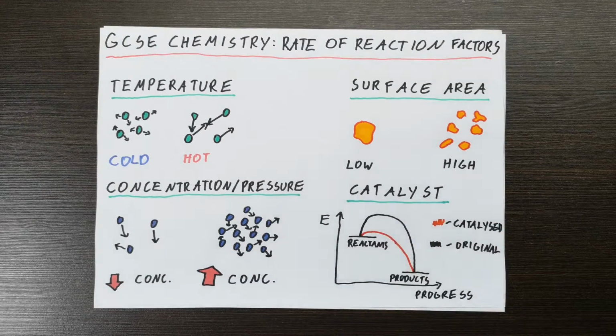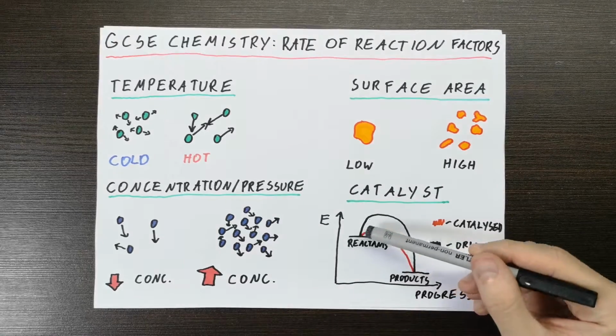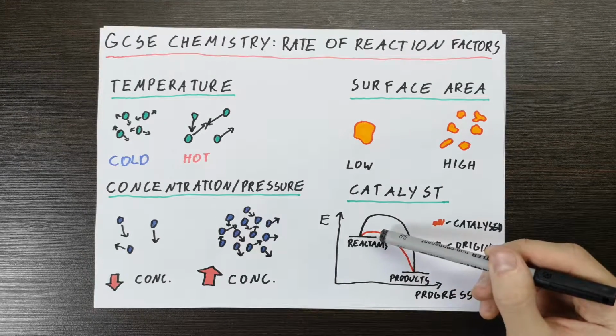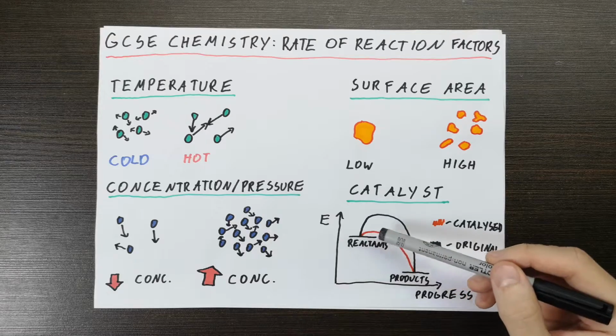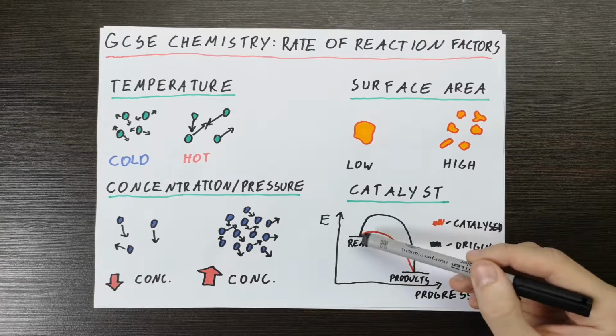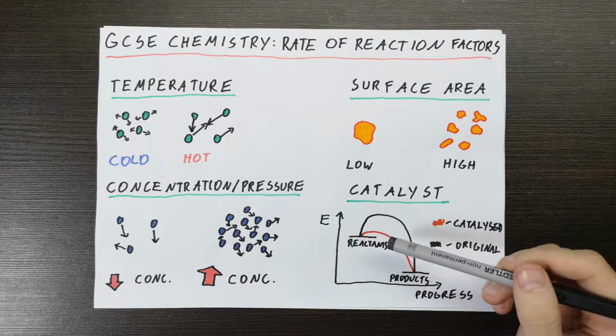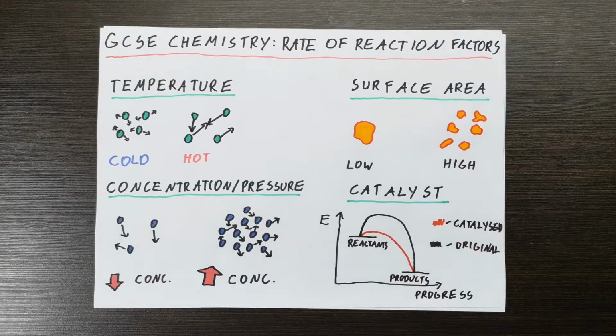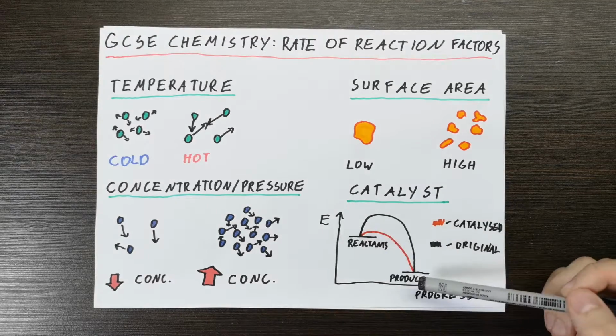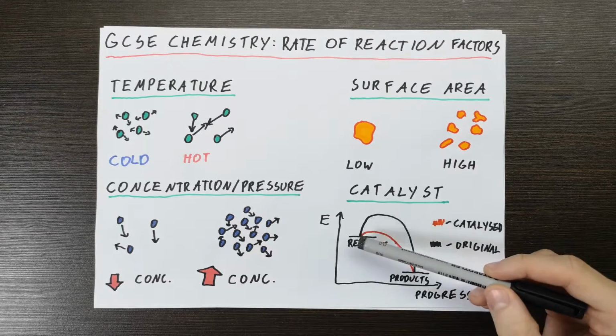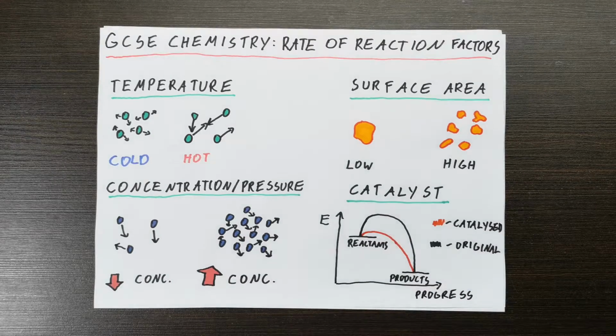And what a catalyst does essentially is it lowers the activation energy. So we require less activation energy to commence the reaction, to start the reaction. Well, this actually goes down to the molecular level as well. So in the original reaction, molecules need to collide with a higher energy.